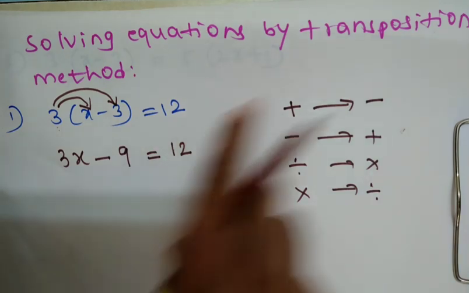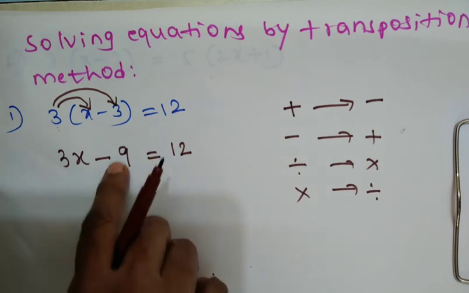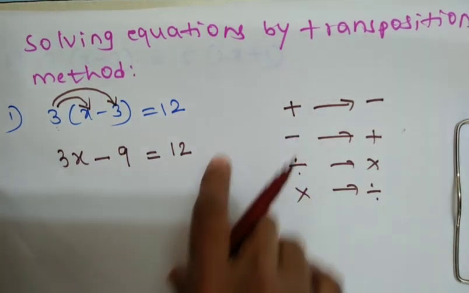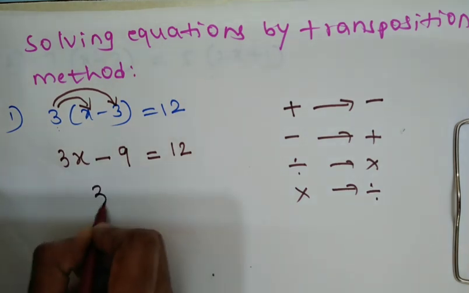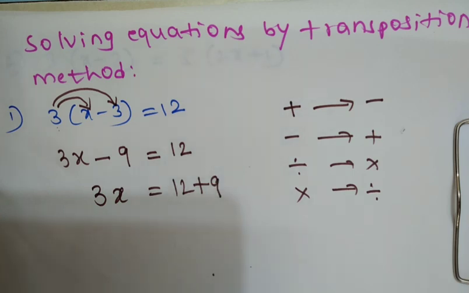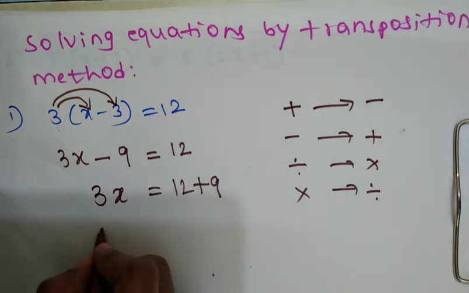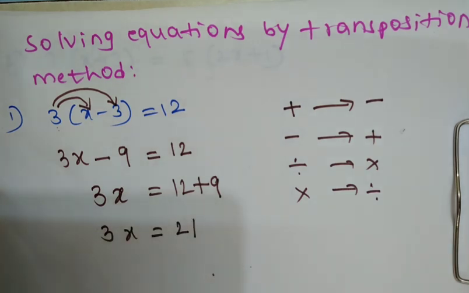In this transposition method, we are directly transposing, taking this minus 9 to the right side. So minus 9 becomes plus 9. So 3x is equal to 12 plus 9, which is 21.